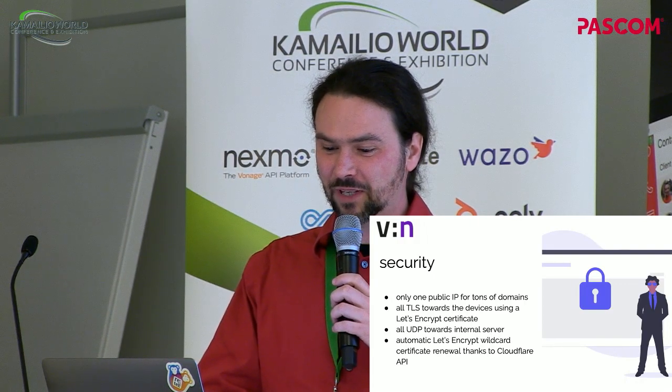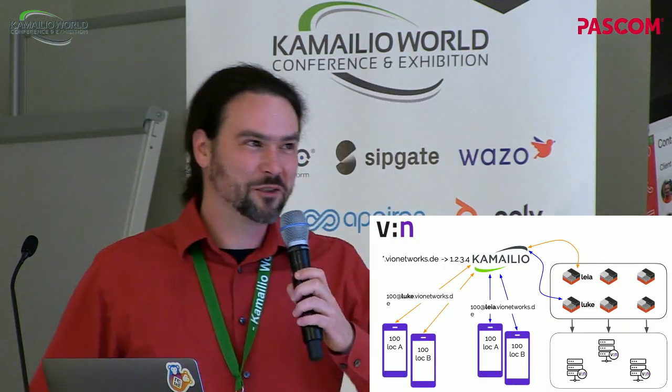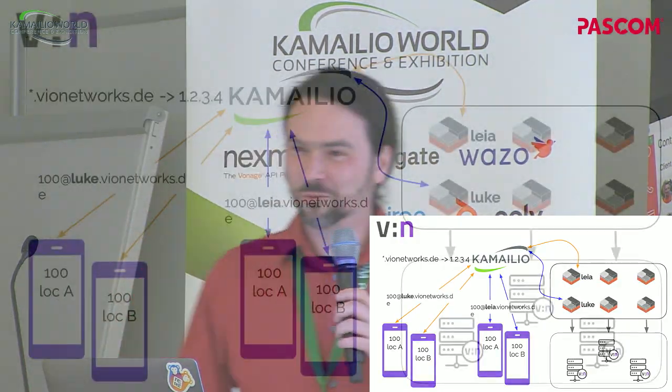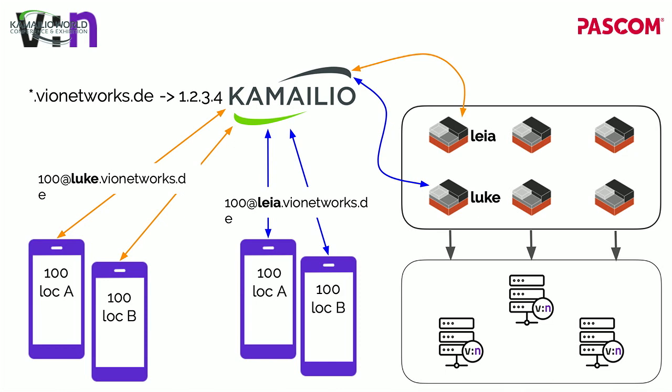And of course, we need a small picture just to illustrate a very simple but still useful use case. So you have a Kamailio with just one IP address, where several tenants can register their devices.